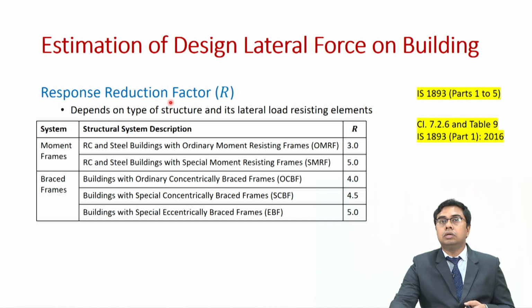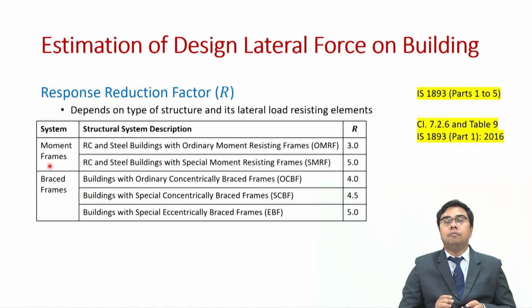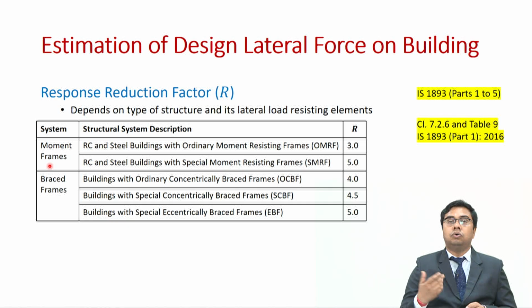So, it depends on the type of structure and its lateral load resisting elements. For example, when you have a moment frame, what is a moment frame? A moment frame is a frame where one member transmits the force to another member through moment action, which means the joints are rigid, they are able to transfer moment from beams to columns and so on.